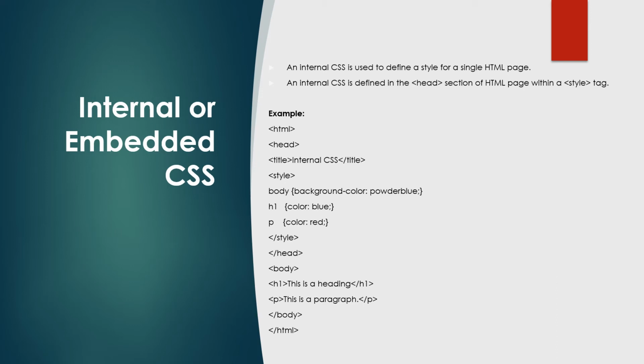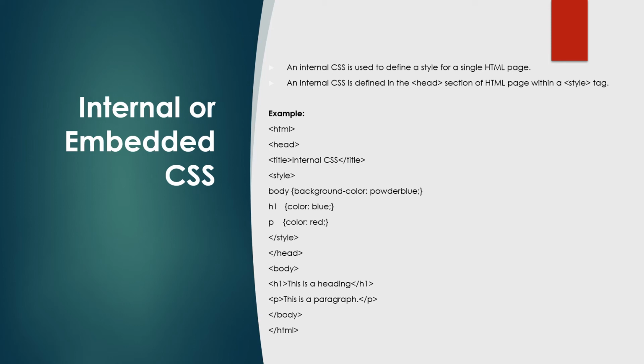In this example, a style tag is used within the head section. Within the style tag, we are using style for 3 elements: body, h1 and p. For the body element, the CSS property background color is used and it is set to powder blue. For the h1 element, the color property is used and set to blue.